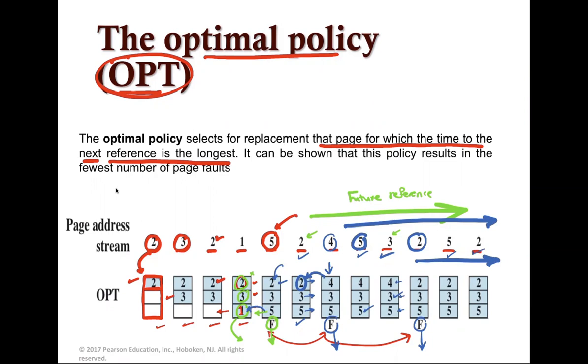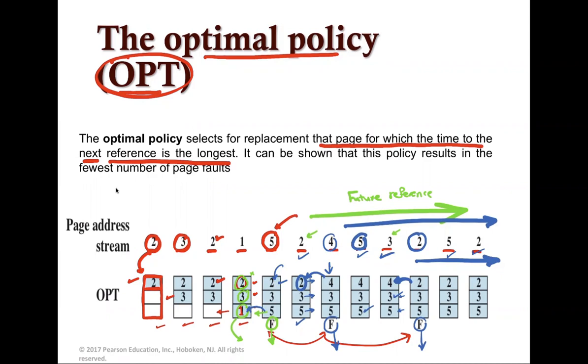So 5 will not be replaced, and number 2 is coming next. At this point it's tricky because we can see 2 next, but we don't see 4 and 3. So which one do I replace, 4 or 3? Maybe the recommendation would be 4 if we have the entire stream.